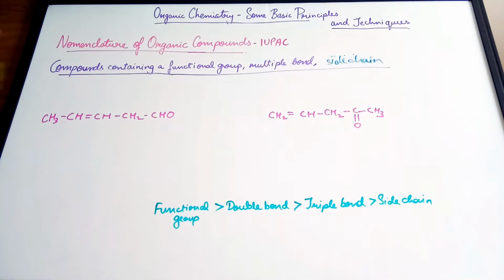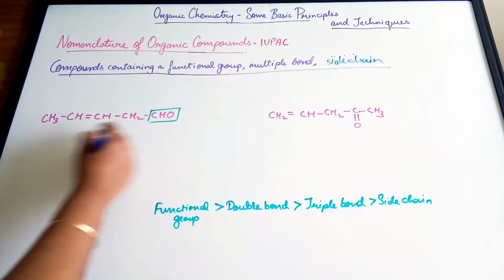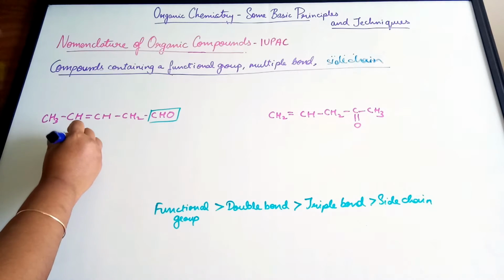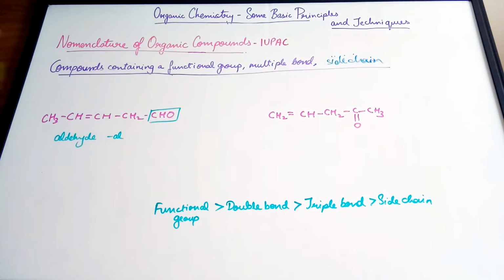Let's start with the first one. This is the functional group. It's an aldehyde, so its suffix is going to be -al. Now, because it has a double bond, it is going to have both a secondary suffix as well as a primary suffix.